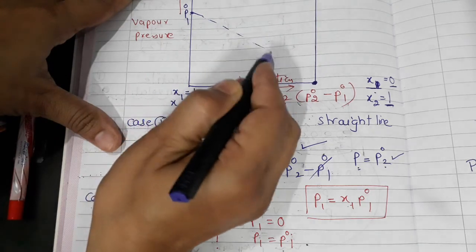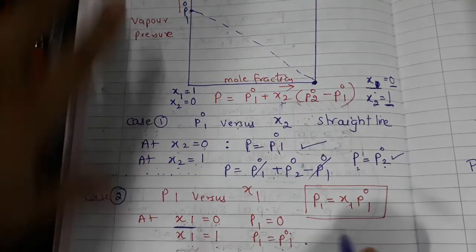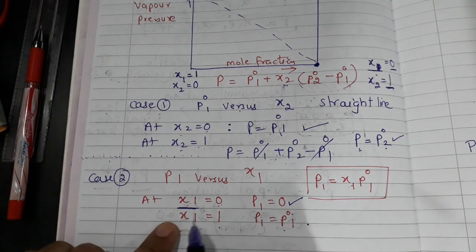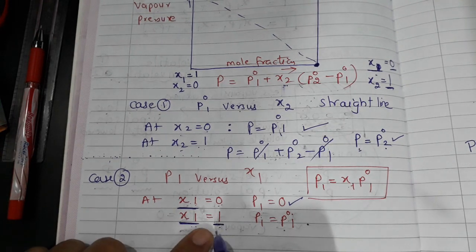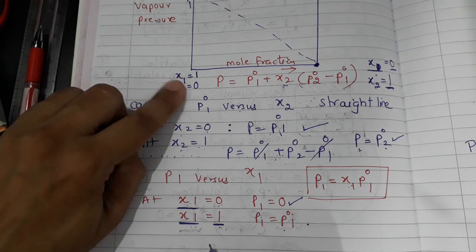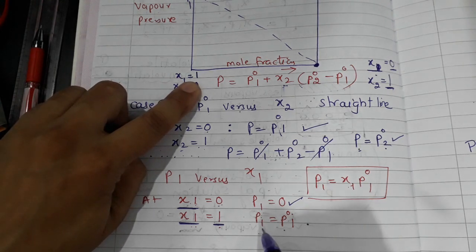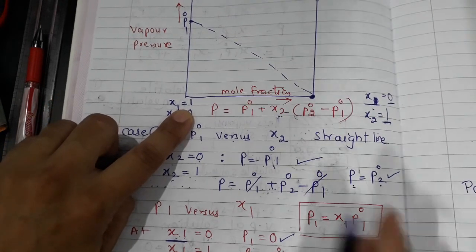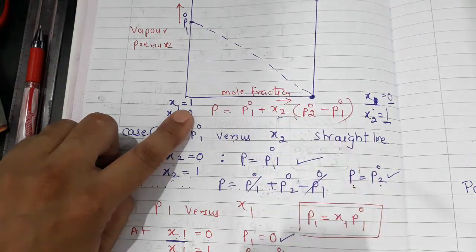So I will draw this dotted line to explain this particular expression. Now look at the second expression. When x1 is 1, means this side, p1 is equal to P01. This we have already written.